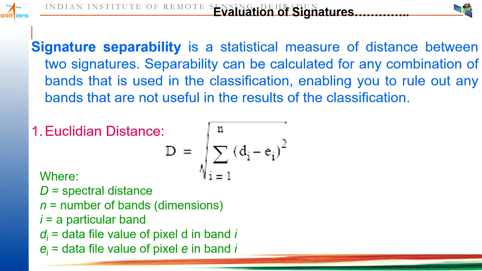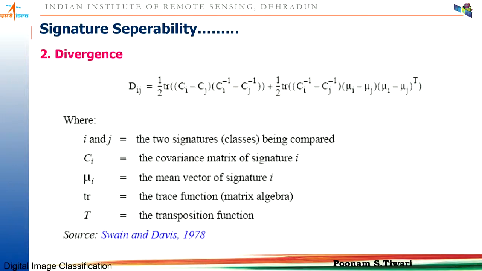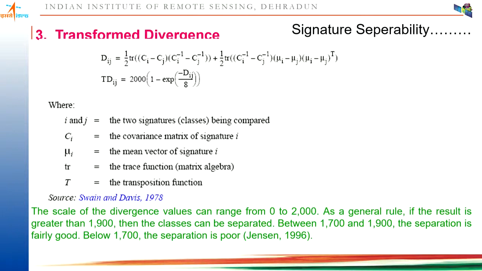On the same method, we can calculate Euclidean distance between two signature means also, using the same Euclidean distance formula. We can also calculate divergence. The formula is given here, or transform divergence, to calculate whether the signatures are separable or not.